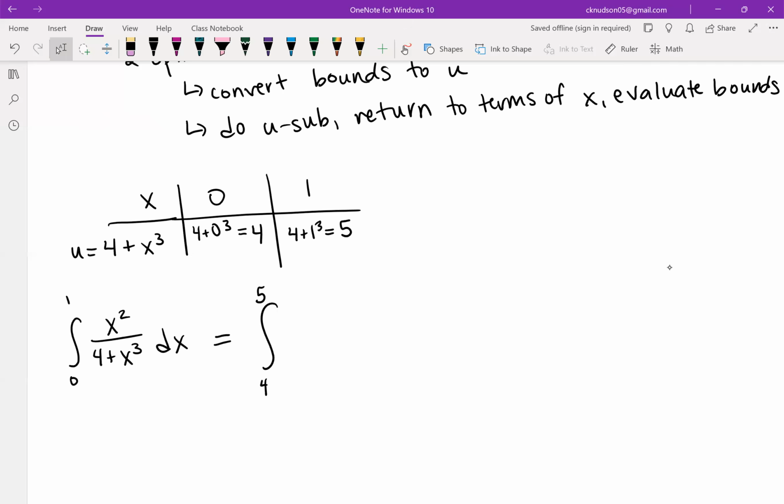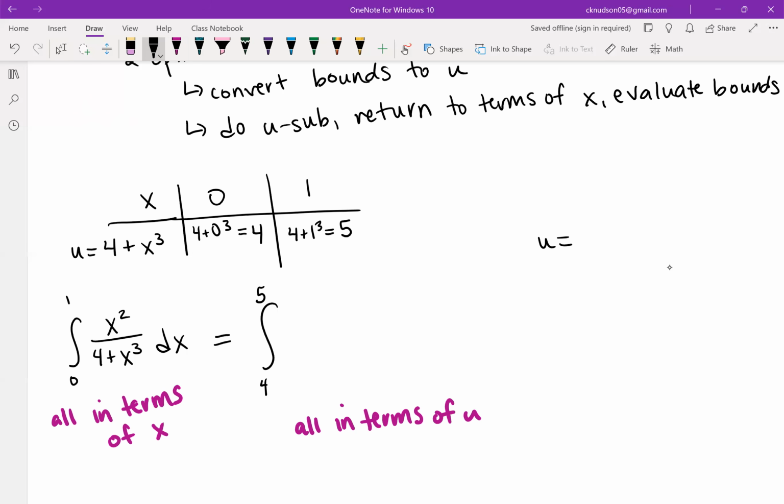And now we're going to write the integral everything in terms of u. So this is initially all in terms of x. And now we're going to write it all in terms of u. We do not want to have an integral that mixes x's and u's at the same time.